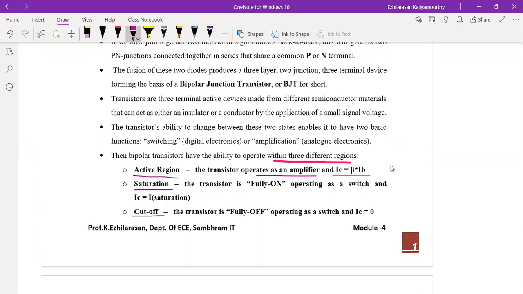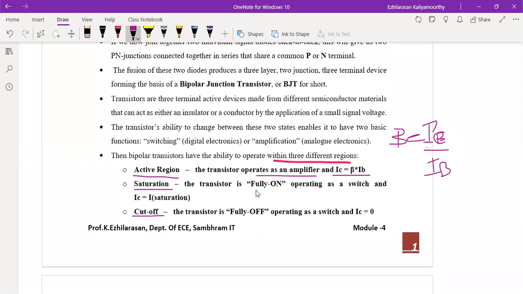So the output is the collector current and the input is the base current. So IC equals beta into IB. This is the relation, or the gain factor: beta equals IC by IB, that is, collector current by base current.